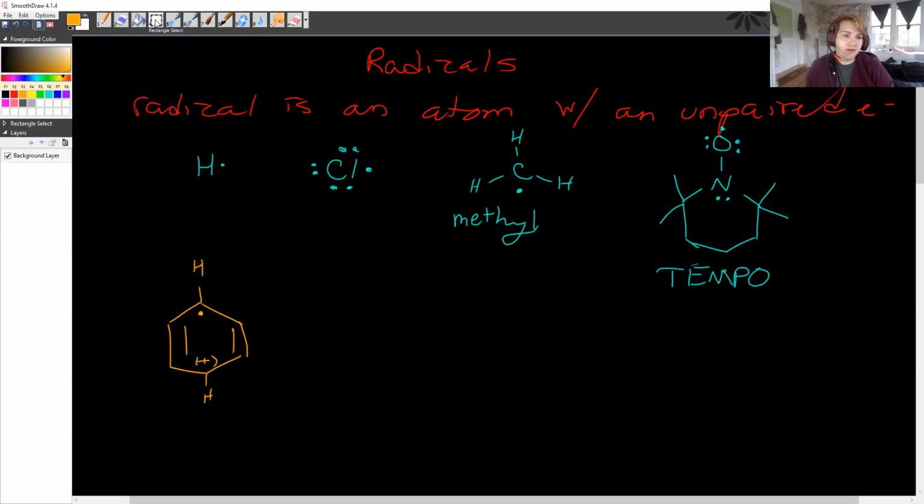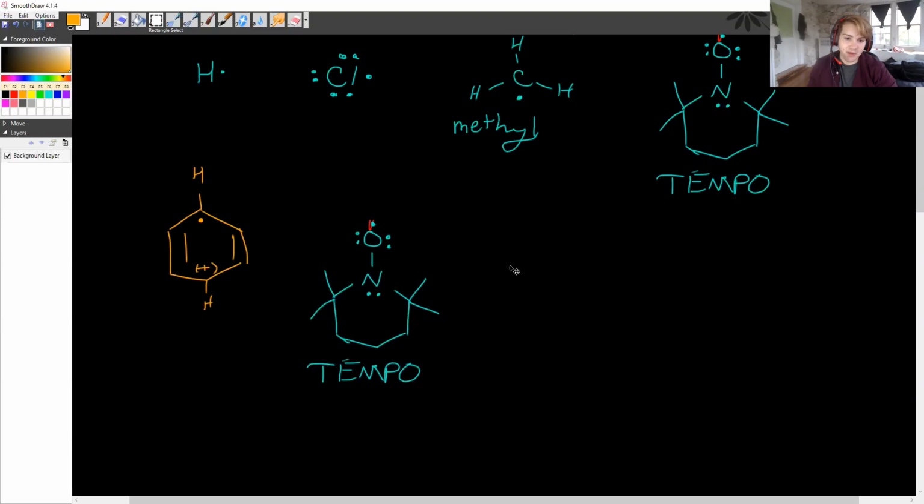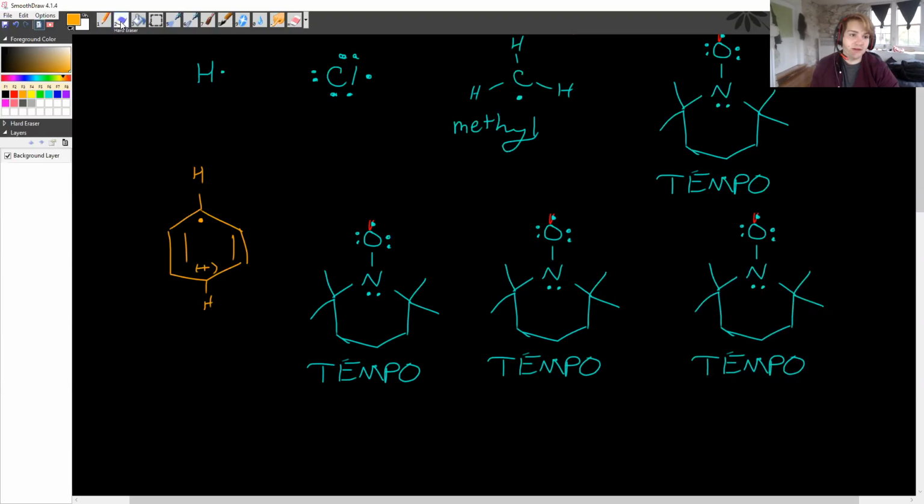Now, what I want you to know is that the radical can be written in a few different ways. If I take this TEMPO molecule, for example, there's nothing stopping me from writing it in a few different ways. I can show the radical and all of the unpaired electrons. Or I can write only the radical, in terms of what I want to see.